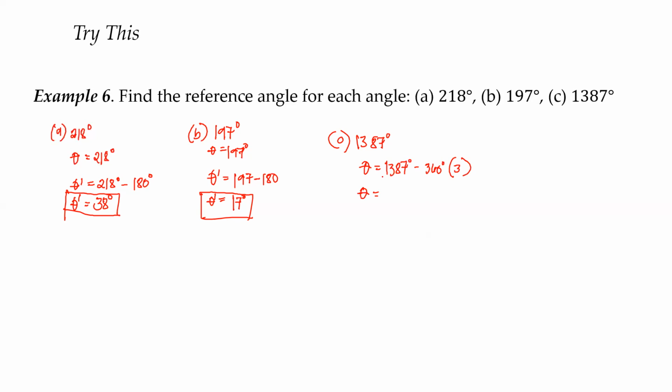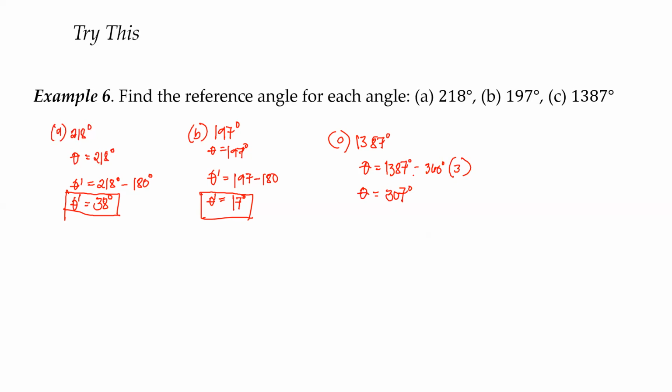360 times 3 is 1,080. 1,387 minus 1,080 is 307 degrees. And 307 is more than 270 but less than 360.